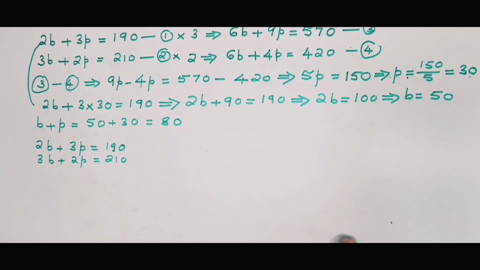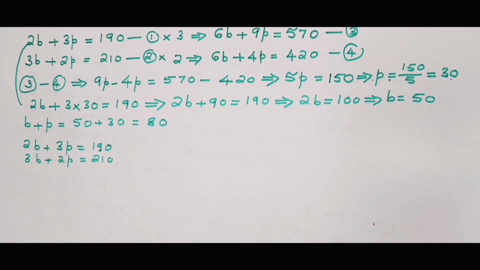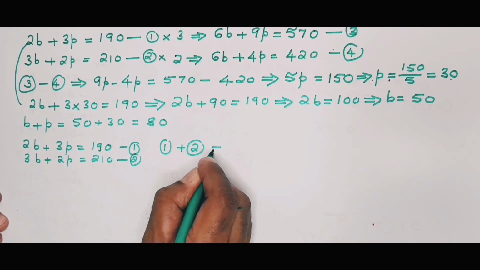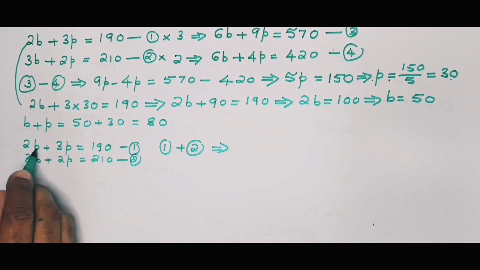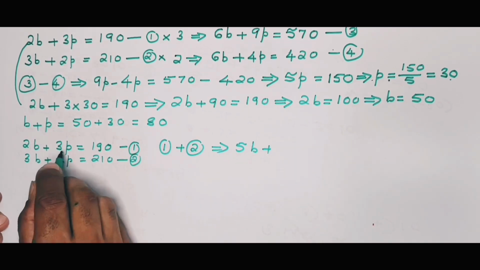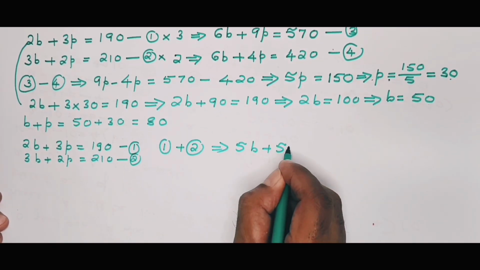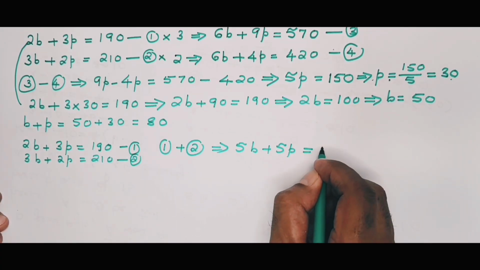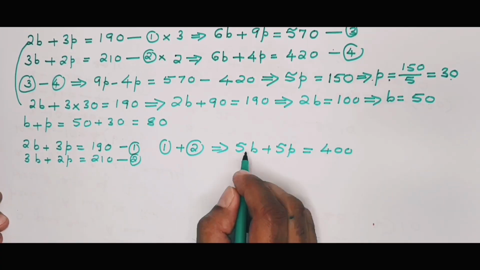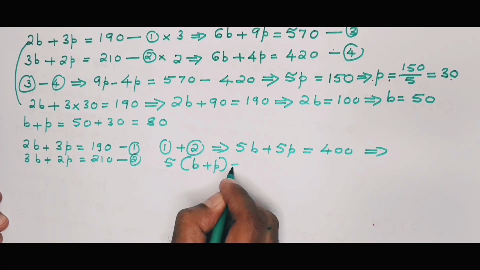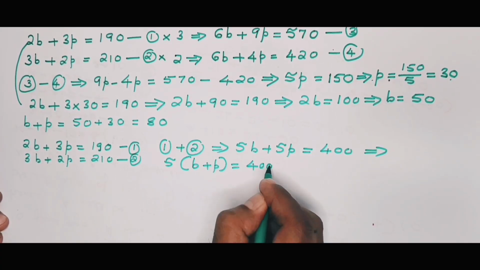In the next step, add these two equations. If you add these two equations, 2B plus 3B is what? 5B. 3P plus 2P is what? 5P. On the right side, 190 plus 210, 400. Now 5 is common. We will take it out. 5 times B plus P equals 400.